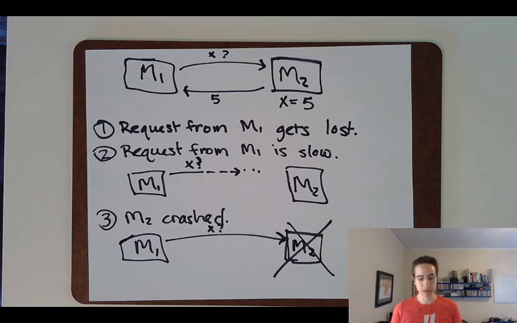But even though all of these situations are drastically different from one another, from M1's perspective of trying to understand, and maybe from a human's perspective on M1's side who's trying to debug this problem, all these situations are totally indistinguishable. Here's another situation that's indistinguishable.